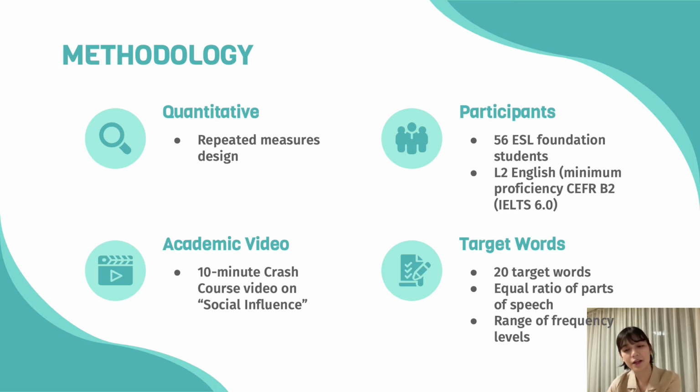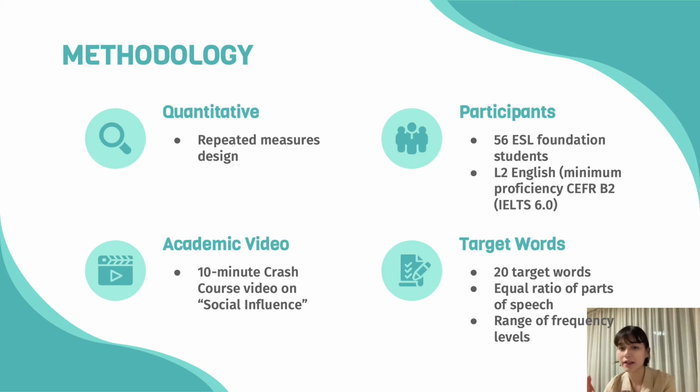The academic video that was selected for this research was a 10-minute crash course video on social influence, and this was because it complemented the learning objectives for the foundation students' core module by providing additional academic context to expand the learner's understanding and engagement. From this video, 20 target words were selected.